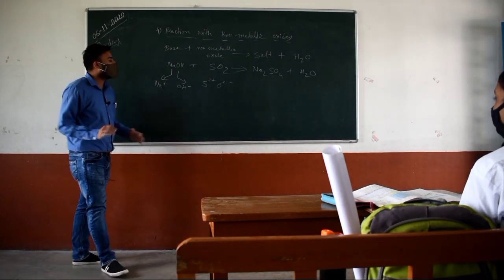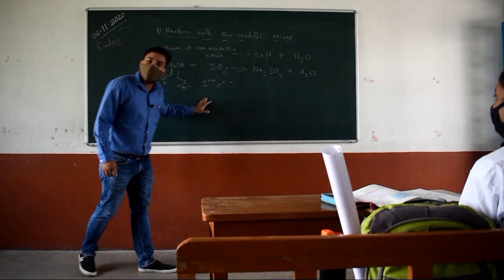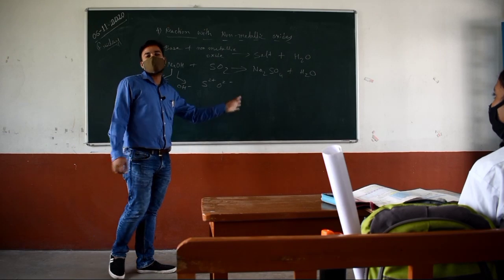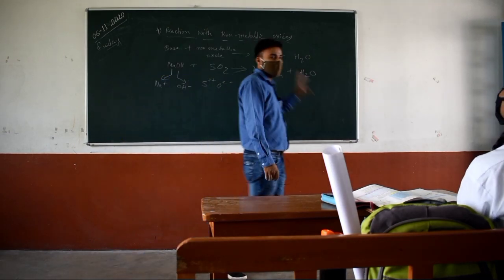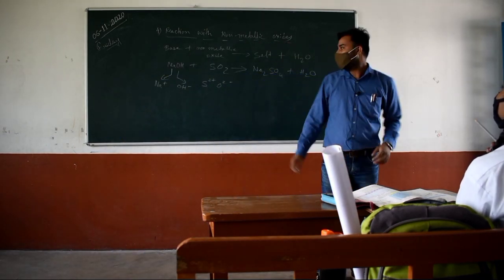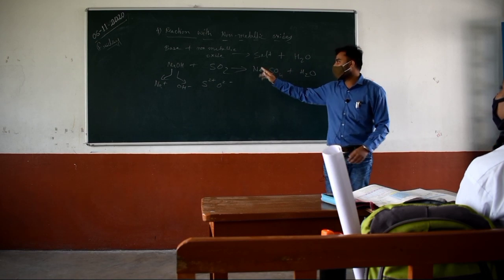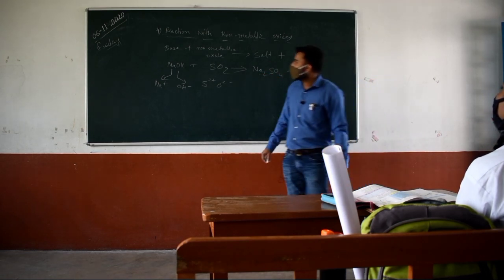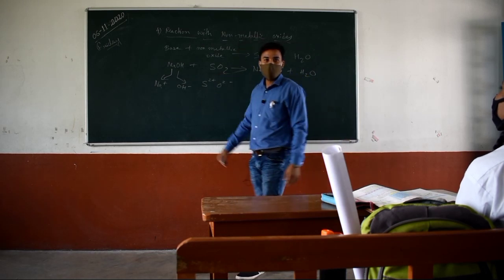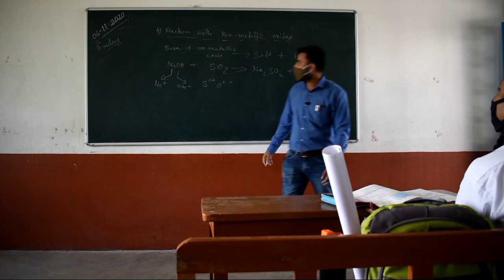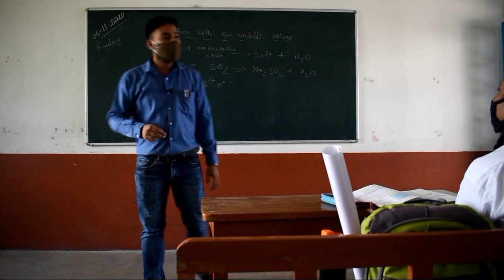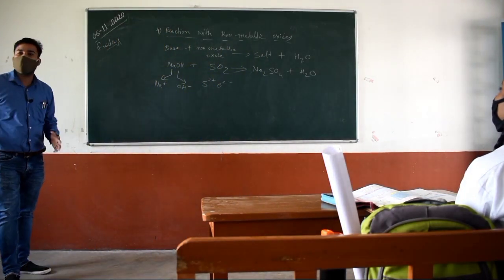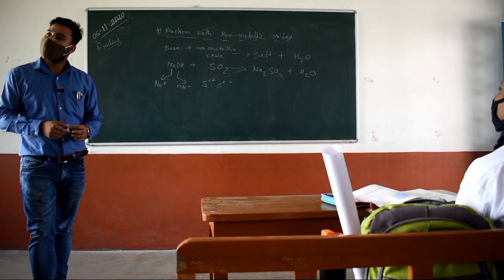Okay. Then what will happen? The positive part will go to the negative part, and the negative part will go to the positive part. It will form a compound which will be a salt of the non-metal, sulfur dioxide here, no? Sulfur is the non-metal here. So a salt of sulfur will be formed. Clear all of you?